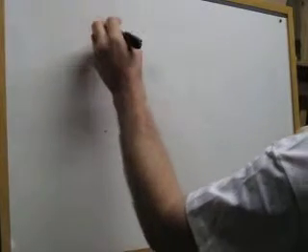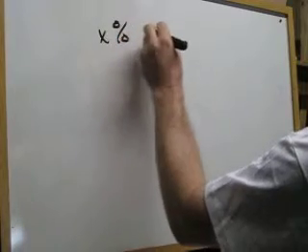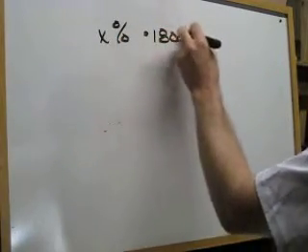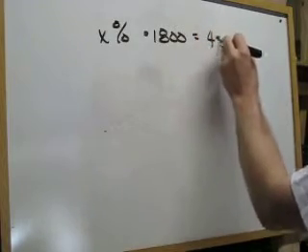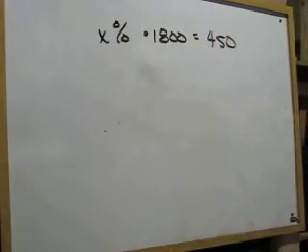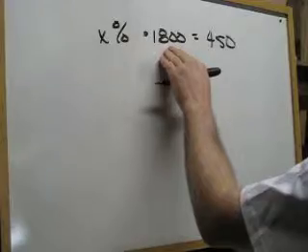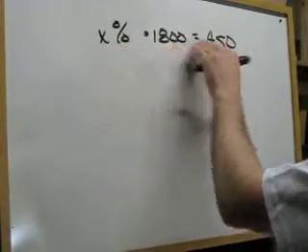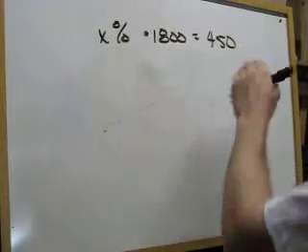So, what percent of the family's income is spent on food? Well, 450 of it. So, of the family income, 450 is spent on food. So, what percent of the total family income is $450?